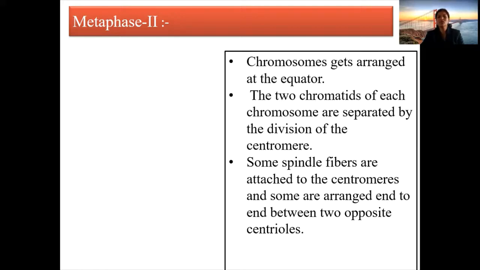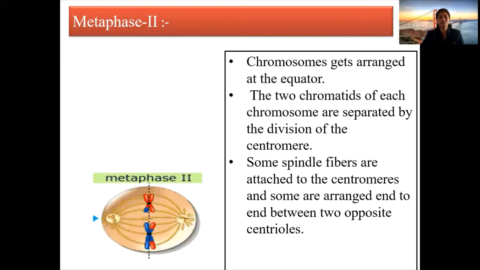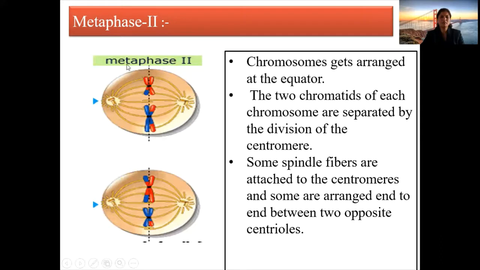That means some spindle fibers are arranged between two centrioles and some are arranged between centromere and centriole. In this figure of metaphase 2, all of you can observe that the spindle fibers are directly connected between the centrioles and some spindle fibers are present between centromere and centriole. Okay. And here all such chromosomes are arranged at the equator position.